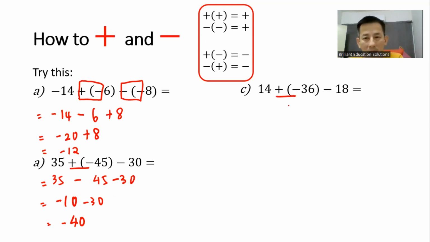Plus minus is minus, so 14, 36, minus 18. 14 minus 36 will give you 22, negative, minus 18 will give you negative 40.